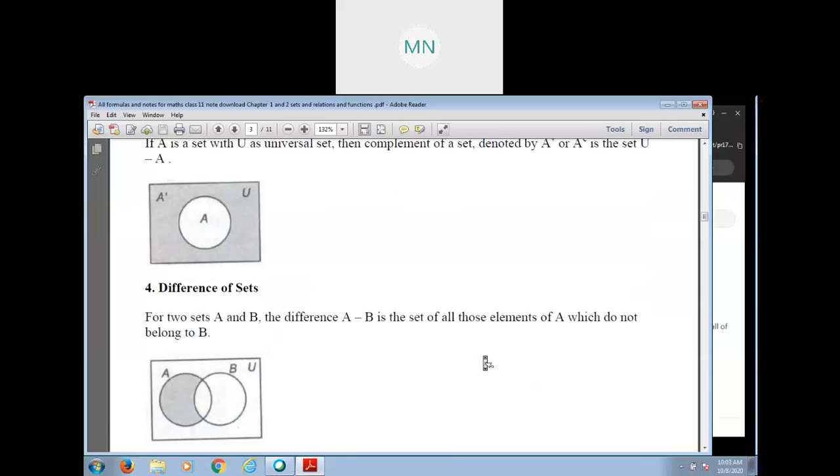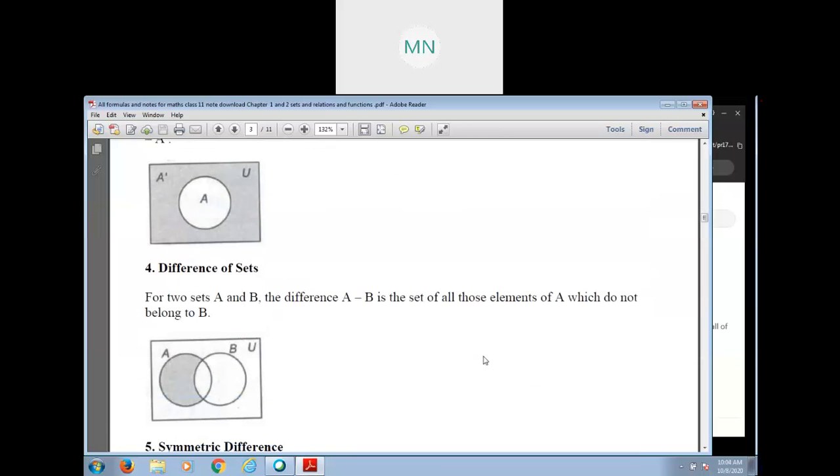Next, difference of sets. Difference of sets is indicated this way, A difference B. This is the set which contains the elements that are in A but not in B. A difference B is the collection of all elements which are in A but not in B. So the common part will not come in A difference B. Suppose A is this set and B is this set, so A difference B is this one.